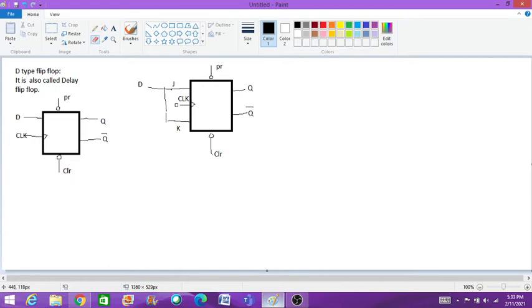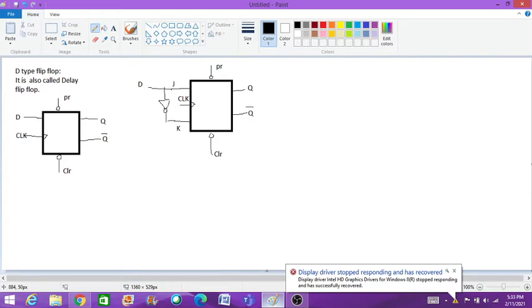And here the second input is connected with a NOT gate. So this is how you convert a JK flip-flop into a D-type flip-flop.